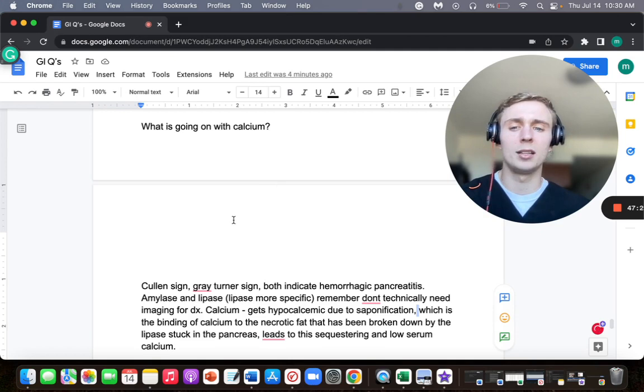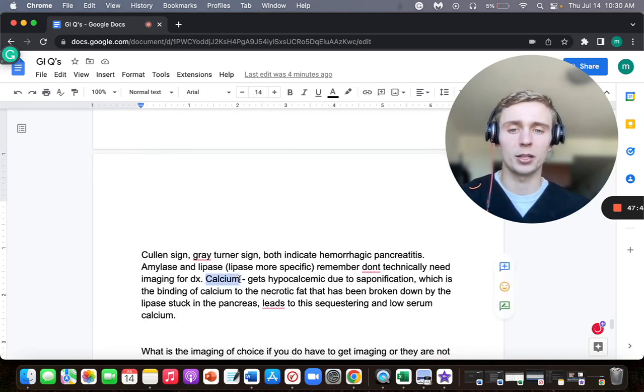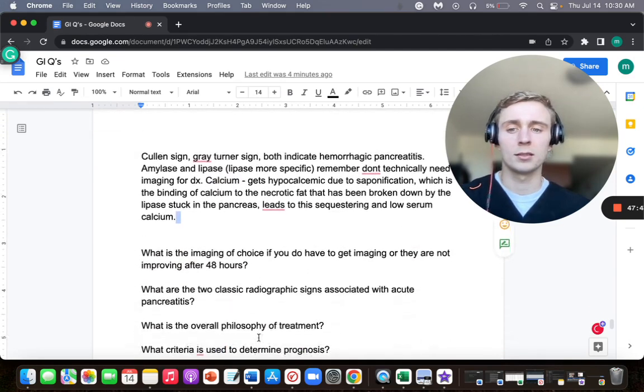Remember, we said the pre-activation of those enzymes in the pancreas, lipase being one of them. Lipase digests that fat, and all that necrotic fat attracts calcium, binds to it, and that's called saponification. If we're taking calcium out of the calcium pool of the body, that's going to leave us with hypocalcemia, leading to sequestering and low serum calcium. So that's what's going on with calcium in acute pancreatitis.